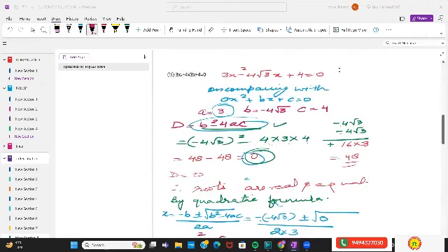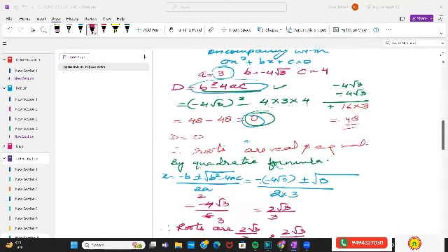All have written? Show me a thumbs up if you all have written. Shan, Meher, Abhinav. Okay, Siddharth.